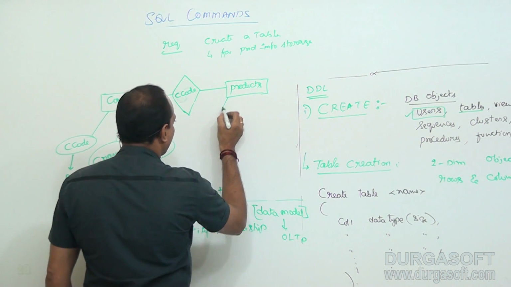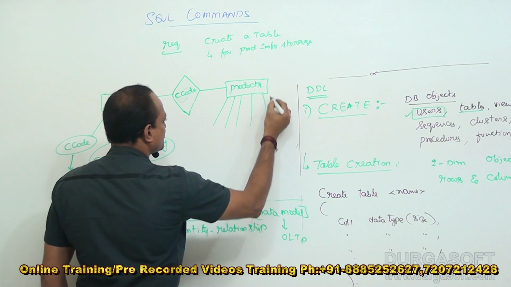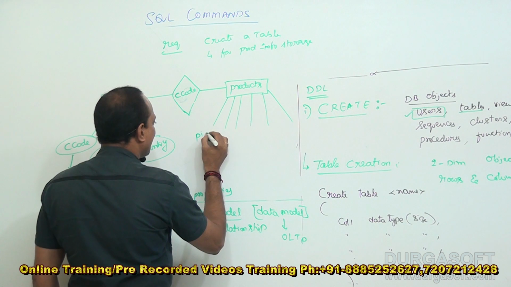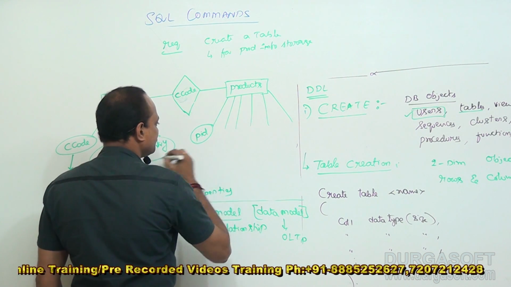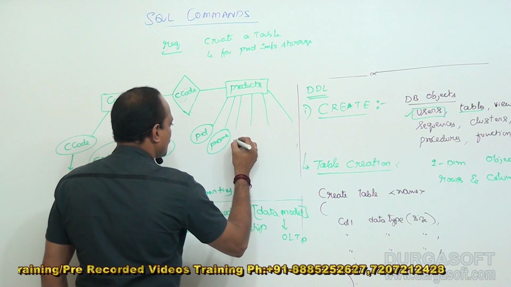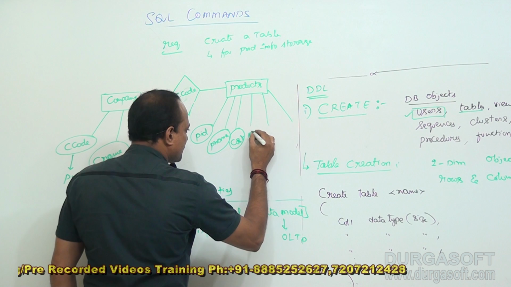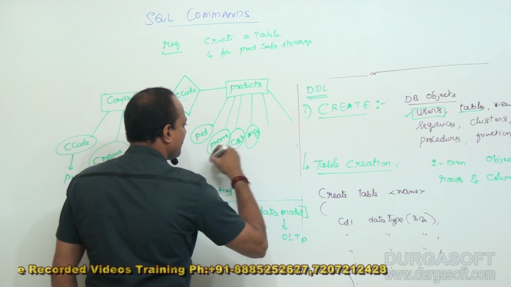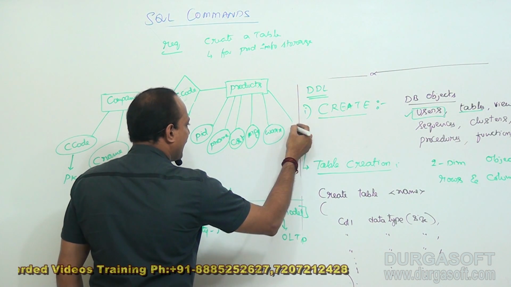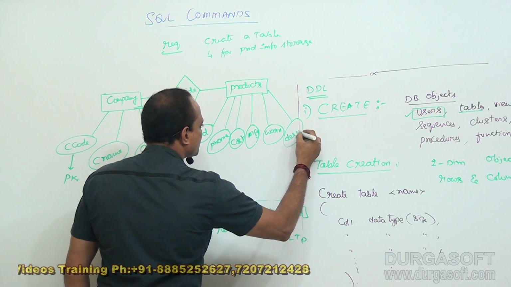Okay, what are the properties of products? Many properties are there, like whatever we have listed previously: product ID or product code, product name, cost of the product, manufacturing date of the product, warranty of the product, and the last one is description of the product.